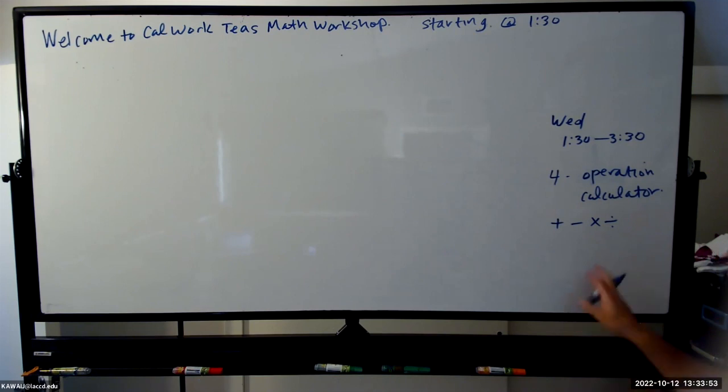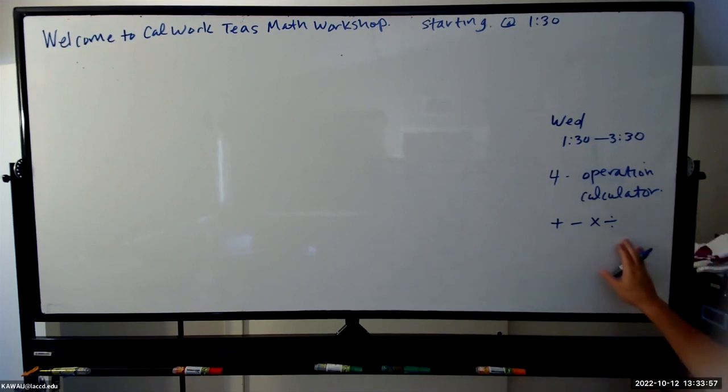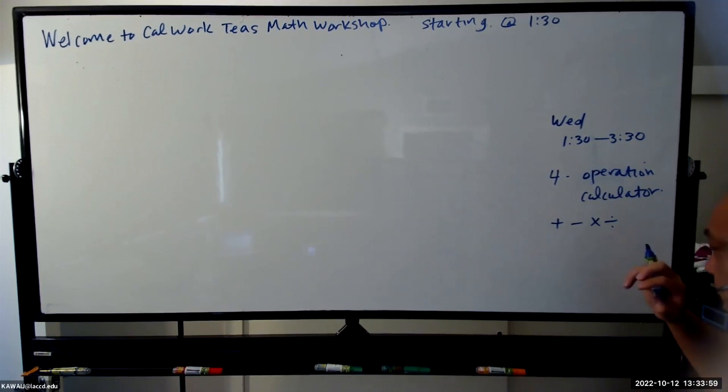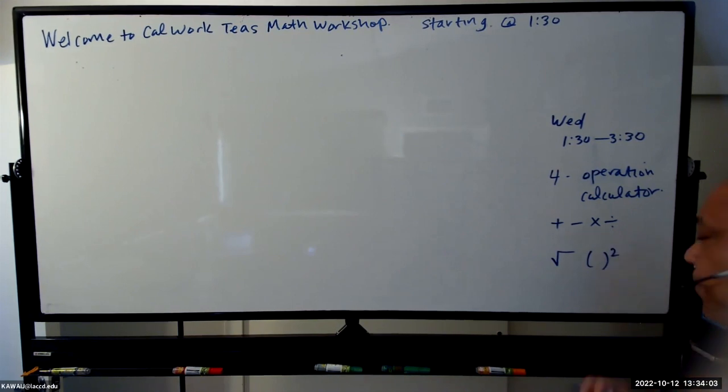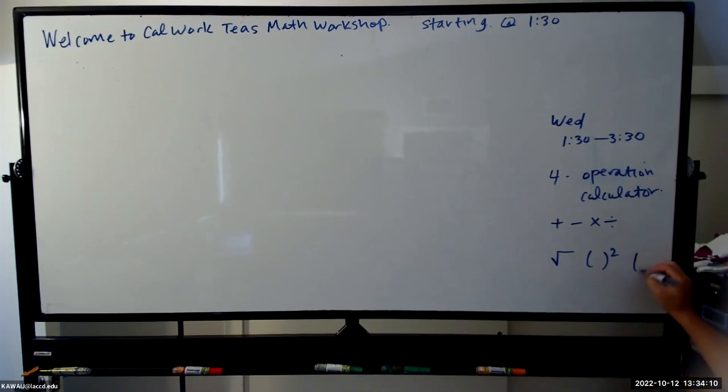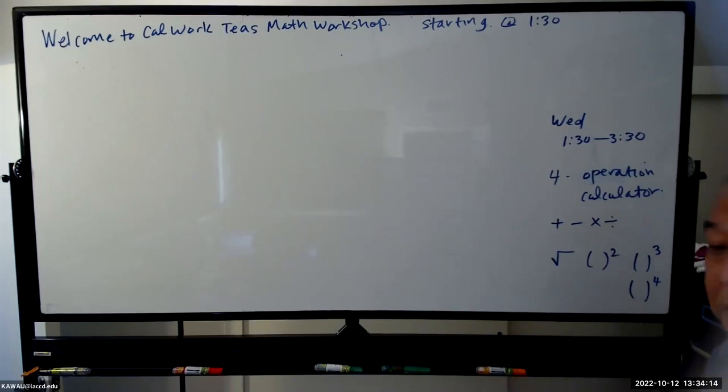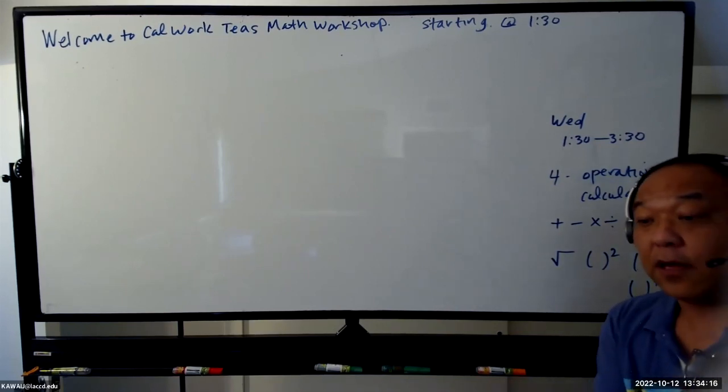So you don't have to do any hand calculation. But the test will have things like square root or squared, and those buttons you will not be allowed to have. So anything like square root, squared, or something to the 3rd or 4th power, you'll just have to know how to do it on a calculator.